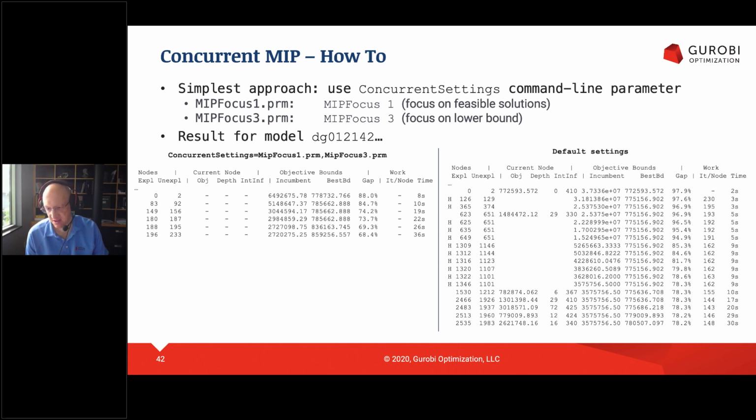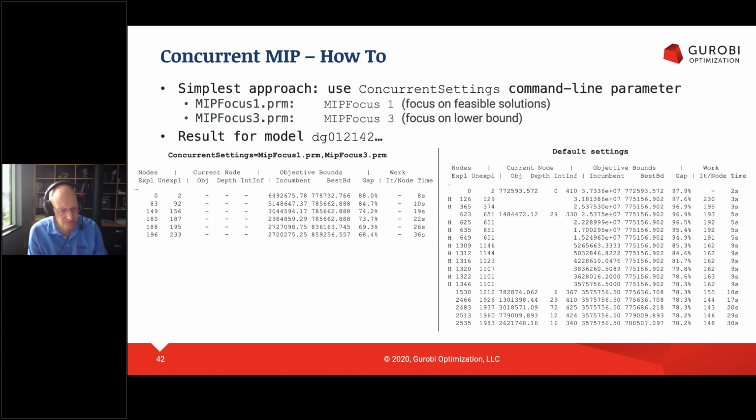On the right here is the log for using default settings. I stopped the run after 30 seconds. This column shows your best incumbent, your best objective value, 3.6 times 10 to the 6th, and your best lower bound, 7.8 times 10 to the 5, with an optimality gap of about 78%.